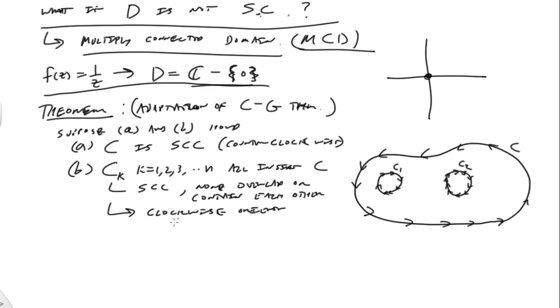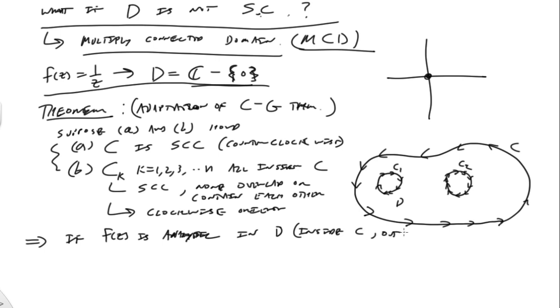Then what we find, given these definitions A and B, is this: if a function f of z is analytic in D, which I'm going to call the region inside C but outside of all the C_k, and we're also going to include the boundaries, the actual contours themselves, then we have the following property.